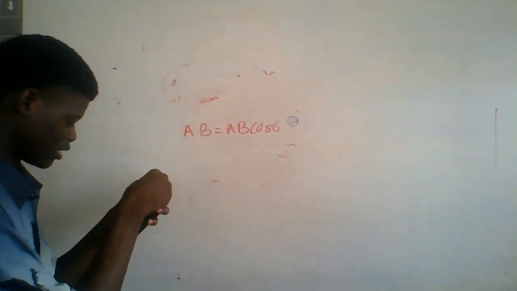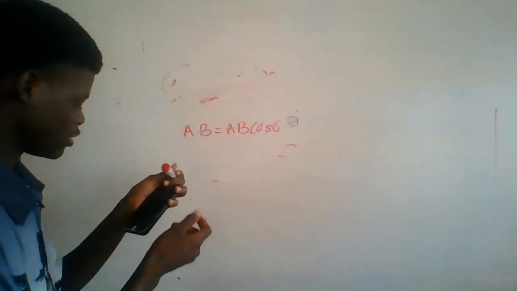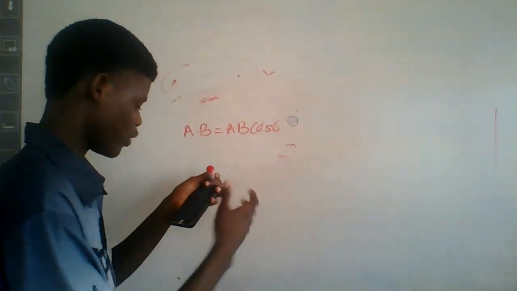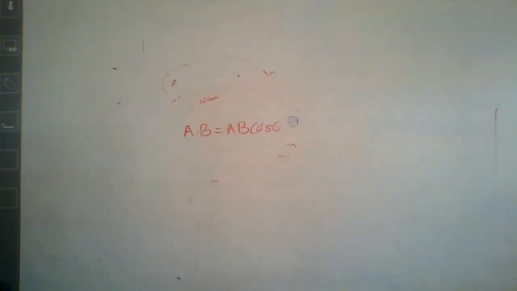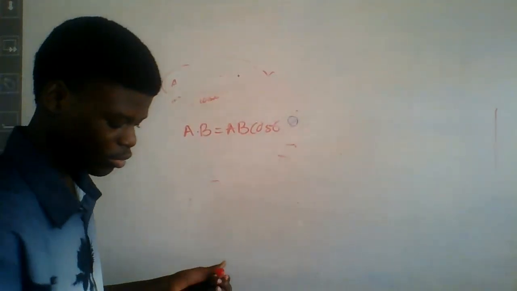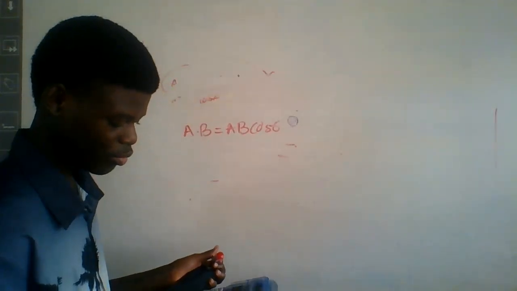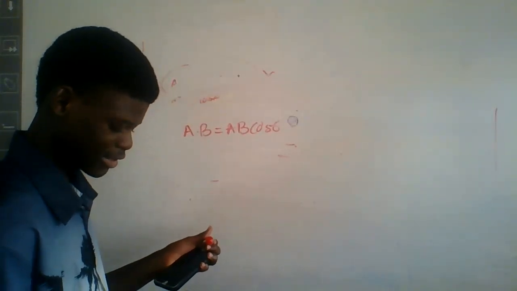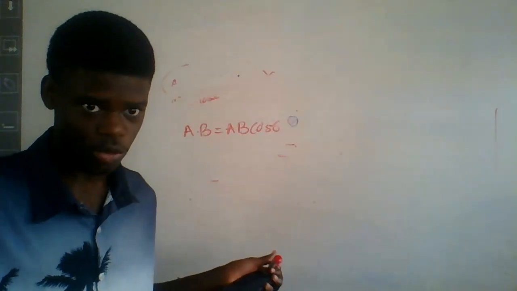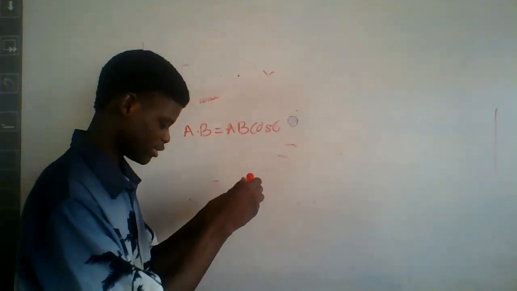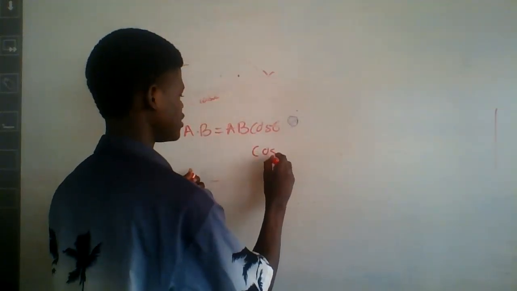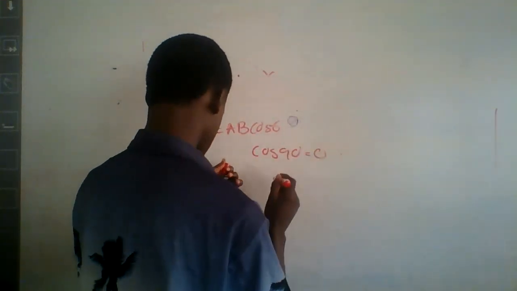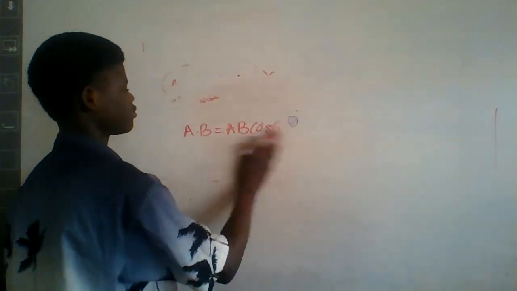Cos 0 is 1, but cos 90 is 0. So the dot product is going to be 0 when the angle between them is 90, because cos 90 is 0. And that's option D.